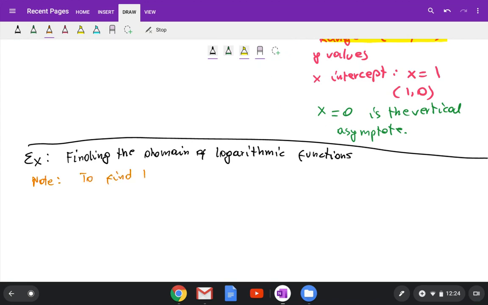of course of a logarithmic function, I'm talking about logarithmic function, okay, solve the inequality.